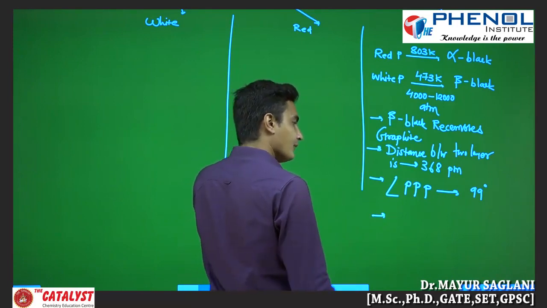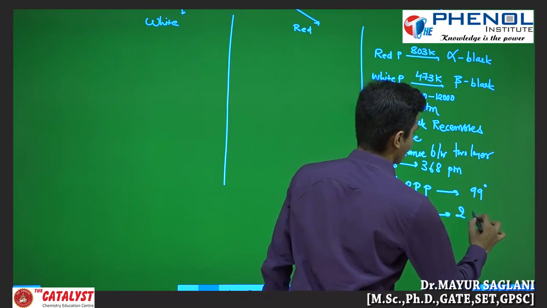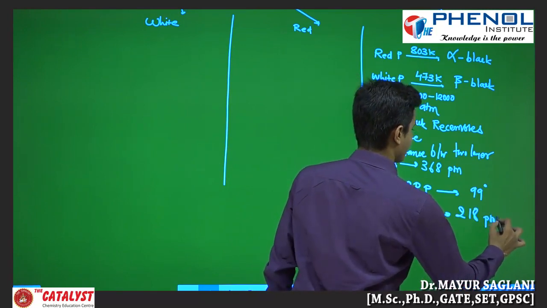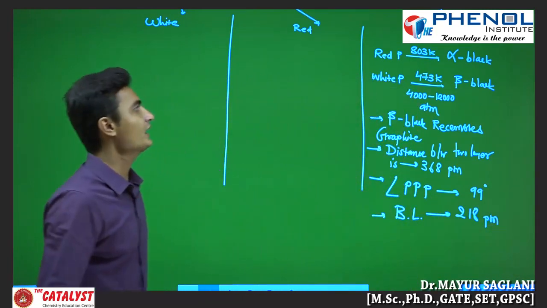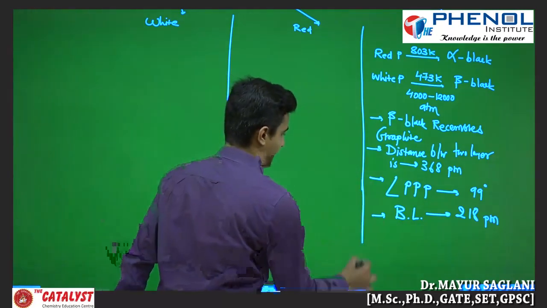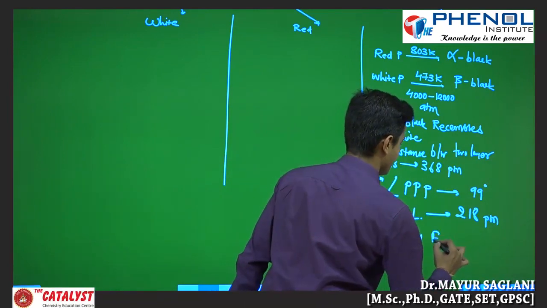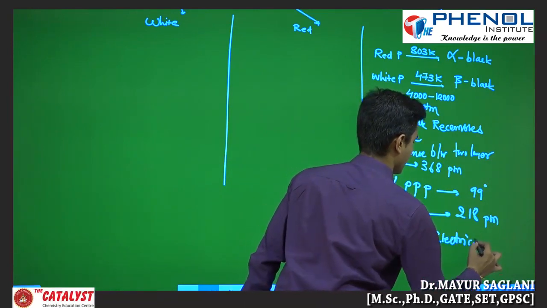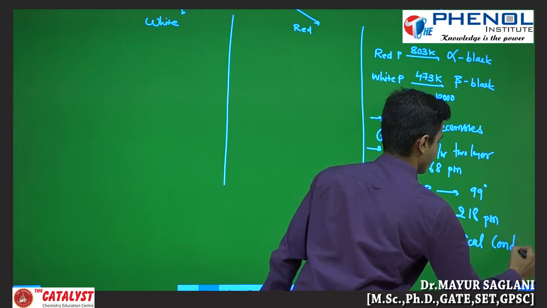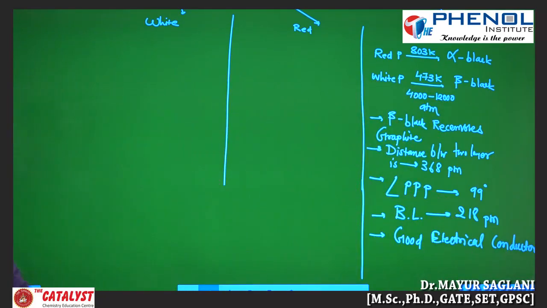And we can write the bond length is 218 picometer in the beta black phosphorus. And yes, one more thing, it is a good electrical conductor. Okay, fine. These are the properties for the black phosphorus.